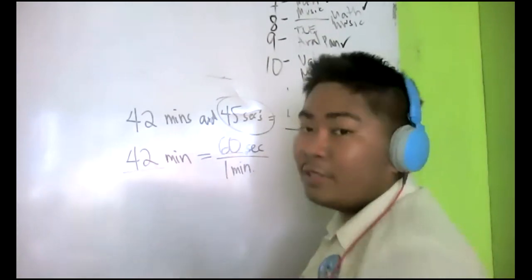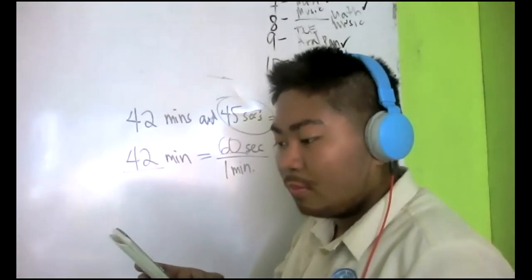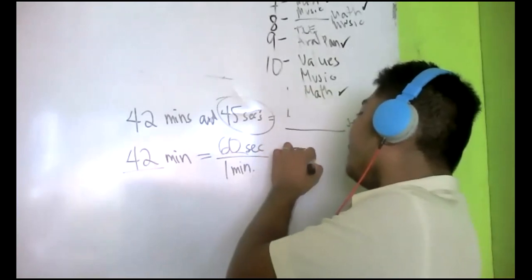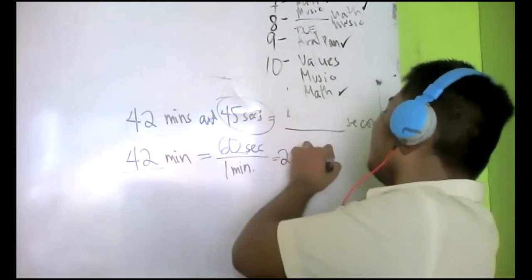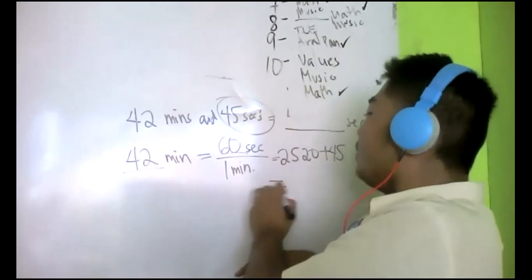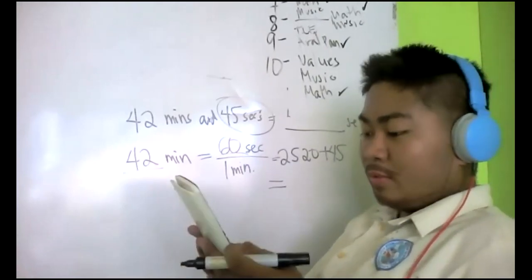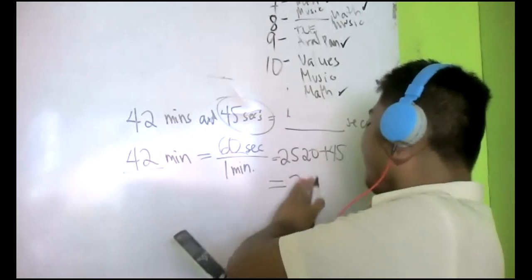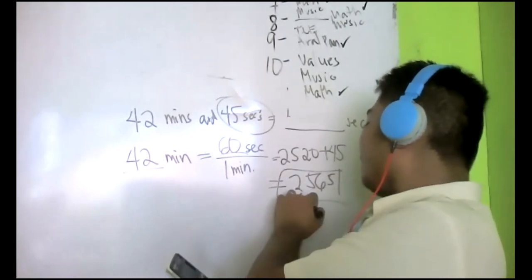So 42 times 60 is 2,520. Plus 45 seconds gives us 2,565 seconds.